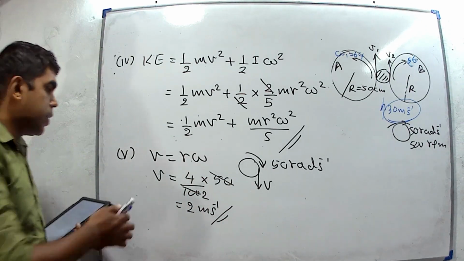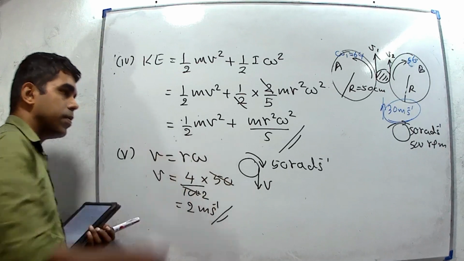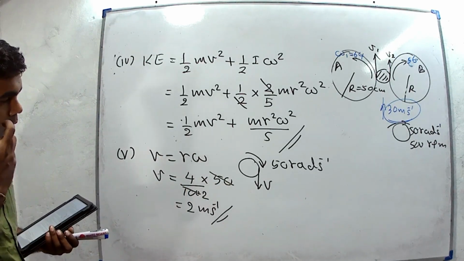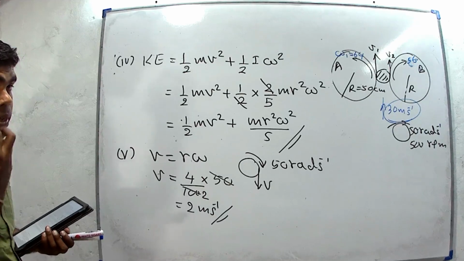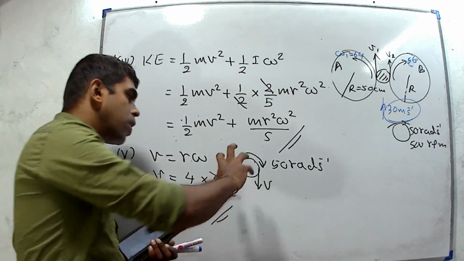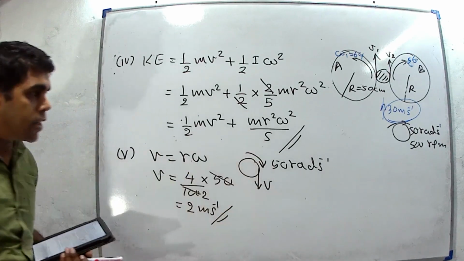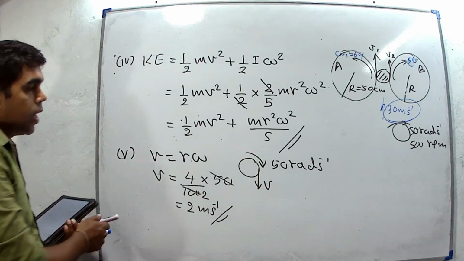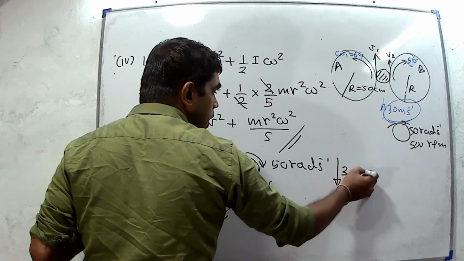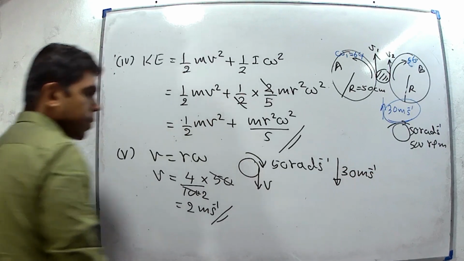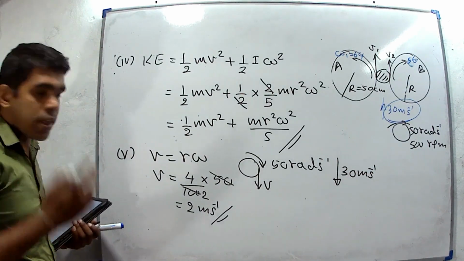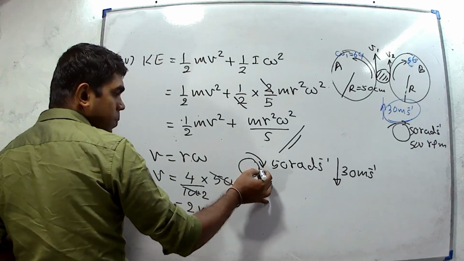But this is the tangential velocity. We have to consider the maximum resultant velocity. This ball is rotating in this direction and it is moving with a velocity of 30 meters per second. Now you can identify there are two velocities corresponding to this point.